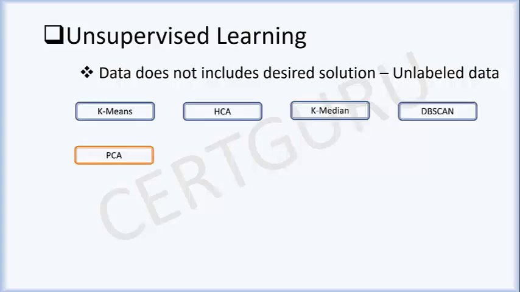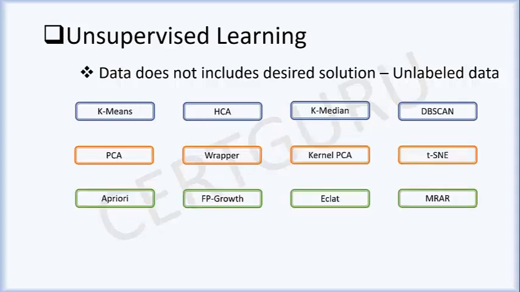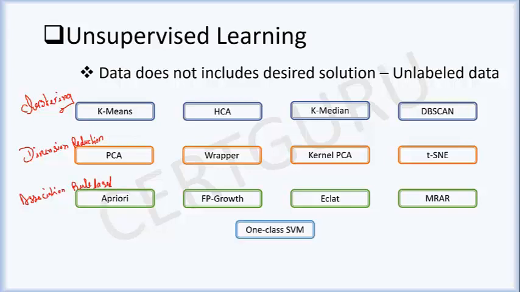We can divide these algorithms into four parts: clustering, dimension reduction, association rule based learning, and anomaly or novelty detection.